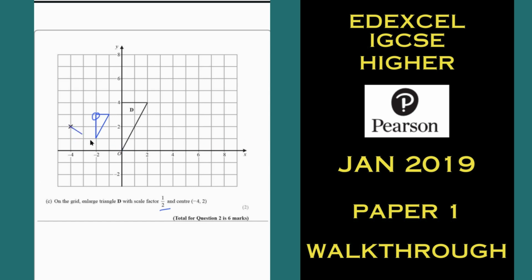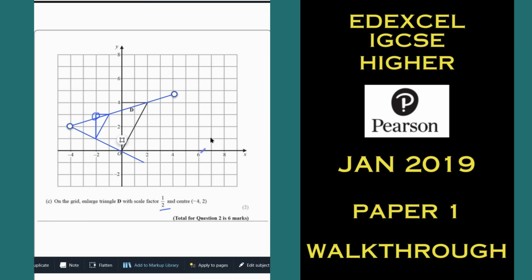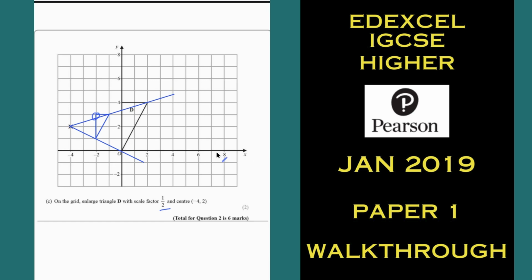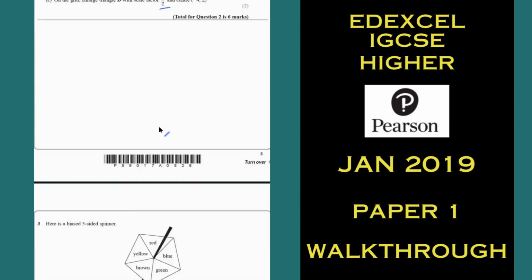Then you can use the rays, which I'm sure you've been nagged about. You can use them as a way of checking, and they should all line up. I prefer to use the rays as a backup plan, as the way of checking, not as the way to go about it. But if you get the right answer, who cares?